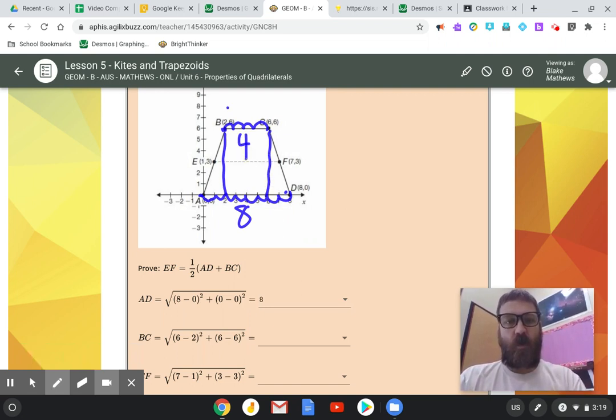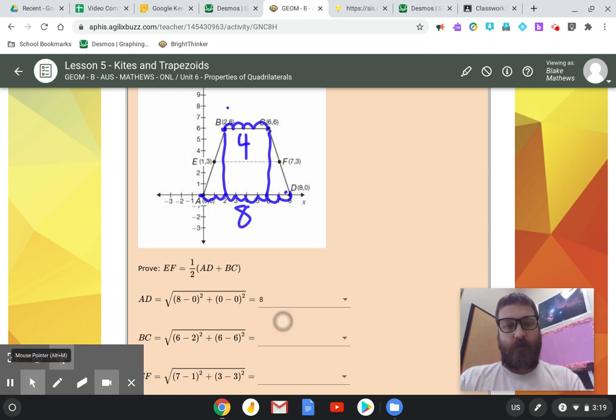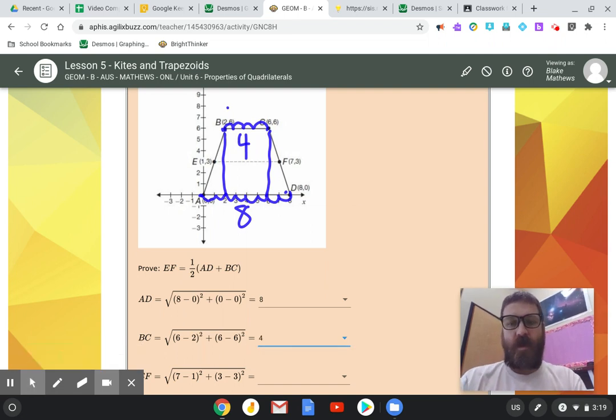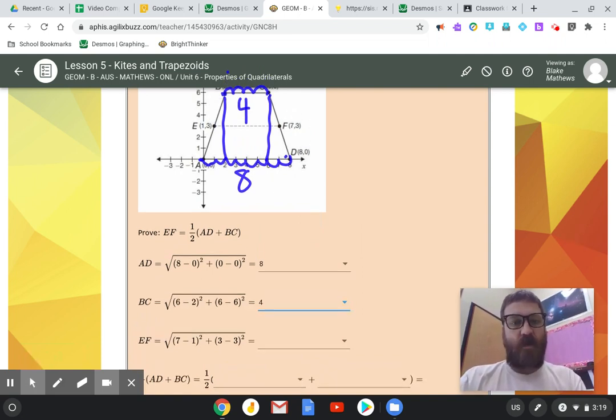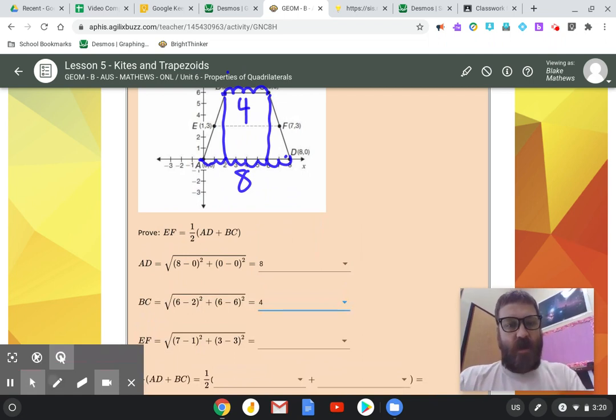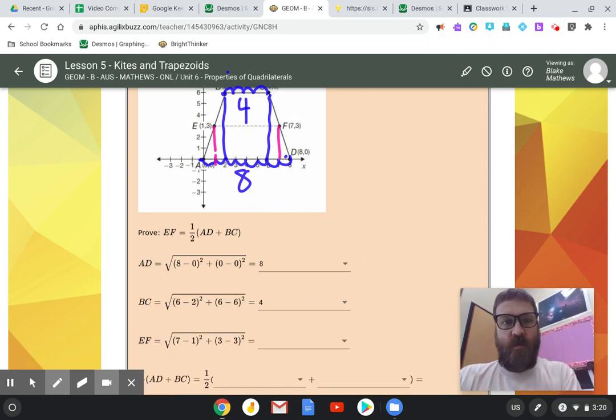That's a distance of 4. Again, they make it more complicated than it needs to be. EF. Well, I don't need to calculate the distance of EF. I should know what it is, but let's count it anyway. EF goes from 1 to 7. That's 1, 2, 3, 4, 5, 6 units.